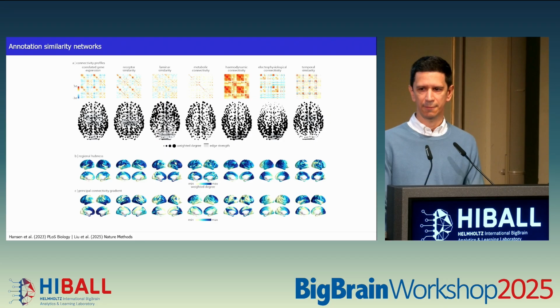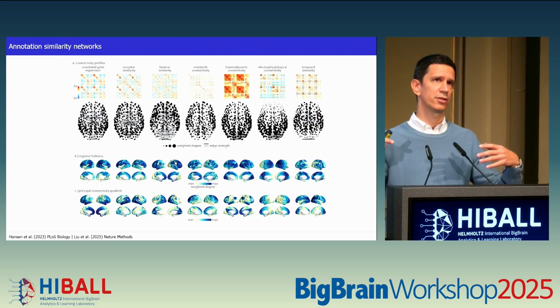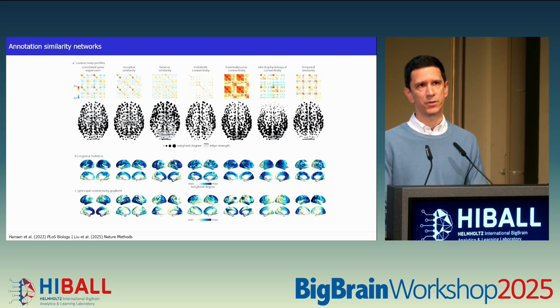The point being that each of these levels of description is telling you something slightly different about the propensity of areas to develop together, to be modulated by ascending projections, to be affected by external input, and so on. And looking at any one of them in isolation is really not enough. What we really should be looking at is how all of them come together and what complementary information they provide.